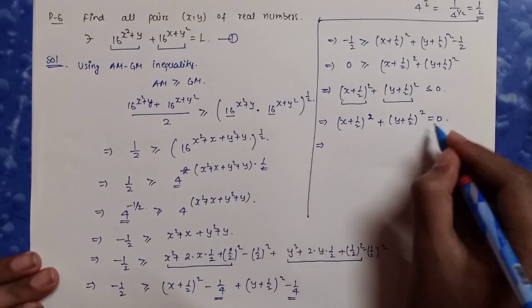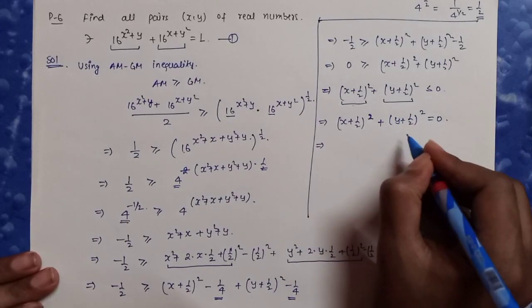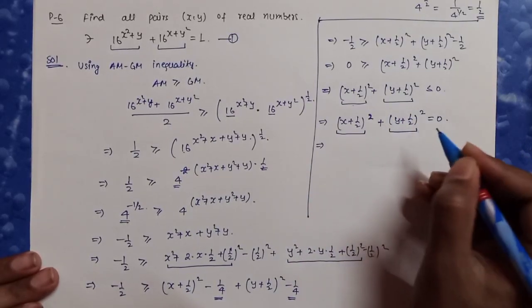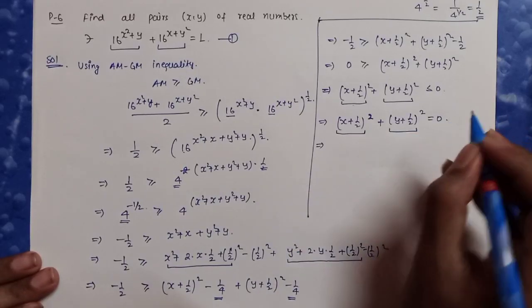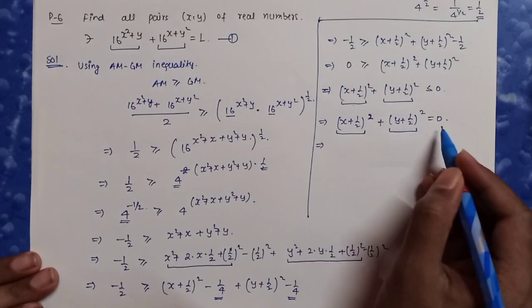We have established an equality from an inequality by justifying that a sum of non-negative terms can never be negative. Now this is a non-negative term and this is also a non-negative term, and the sum of both the terms is coming out to be 0, that means both the terms must be equal to 0, or else the summation can never be 0.